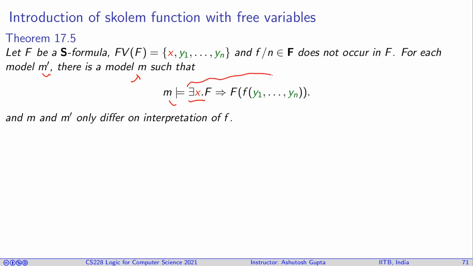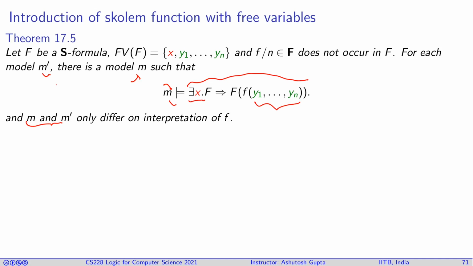In this formula y1 to yn are free variables, and we have not written any assignment here. This notation means that for every possible assignment M satisfies this formula. Another requirement is that M and M prime only differ on the interpretation of this new function f.